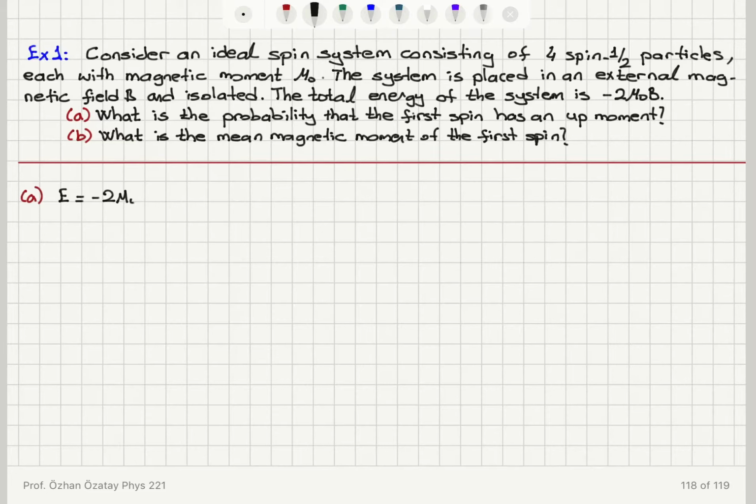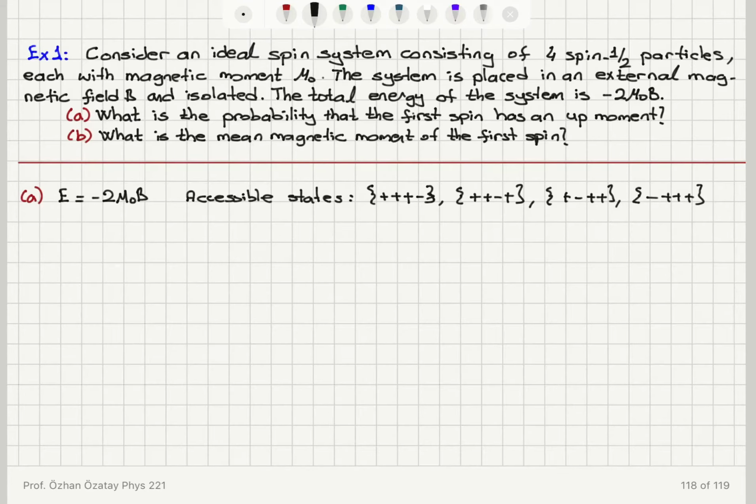If the total energy of the system is minus 2 mu0 B, I can list the accessible states of the system as sigma values for each spin: plus, plus, plus, minus; plus, plus, minus, plus; plus, minus, plus, plus; and minus, plus, plus, plus.